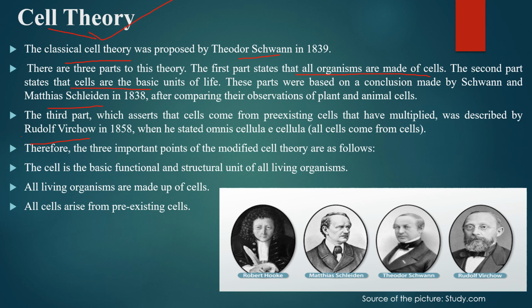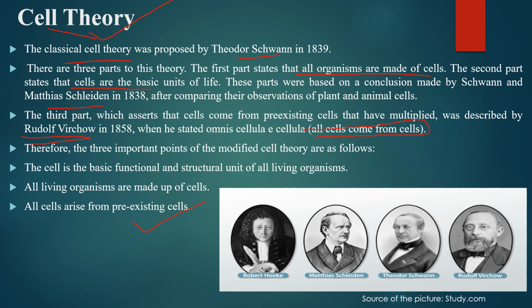Then Rudolf Virchow observed the plant cell and animal cell, and after careful observation, he stated that omnis cellula e cellula in his language. And what is the meaning of that? The meaning of that is all cells come from cells. That means all cells arise from pre-existing cells.